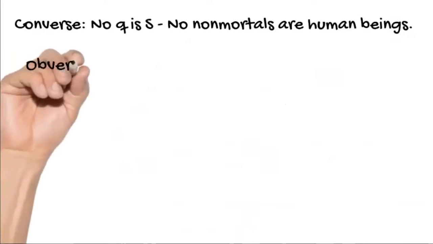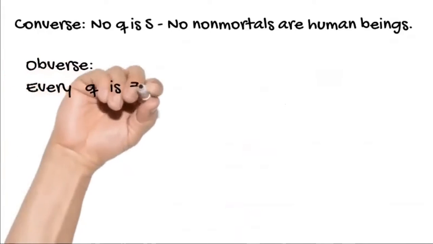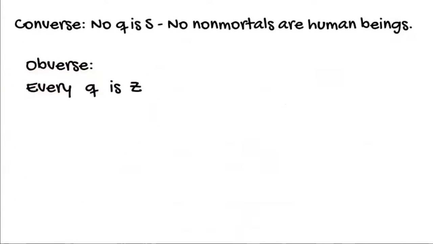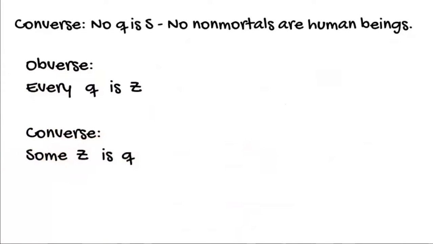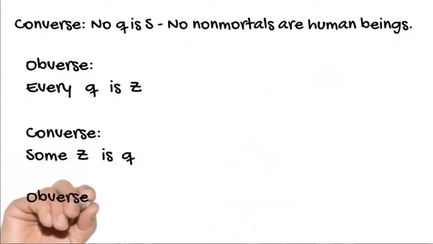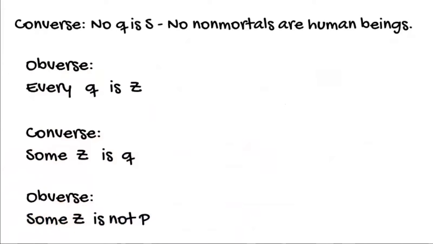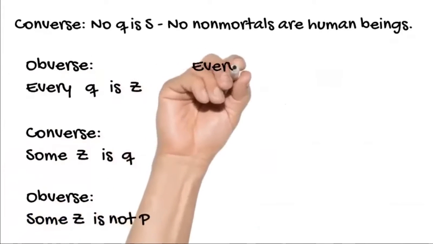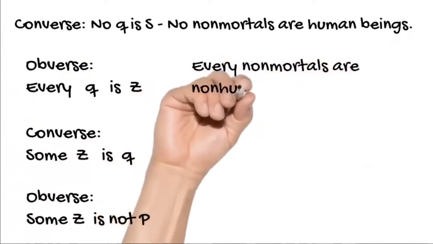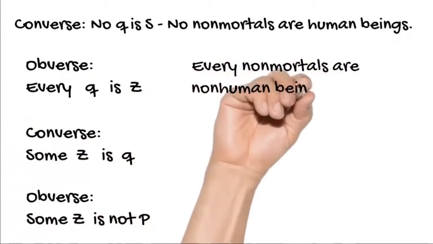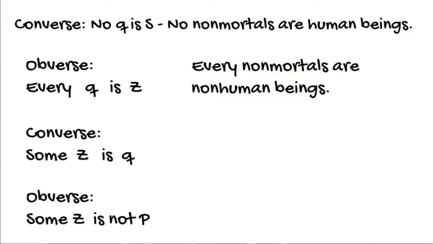So, we have every Q is Z, then we convert it, some Z is Q, and we obvert it, that's why we have some Z is not Q. So to apply, the obverse is every non-mortal is a non-human being.